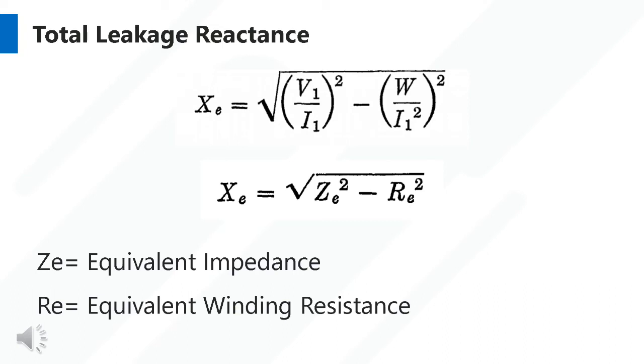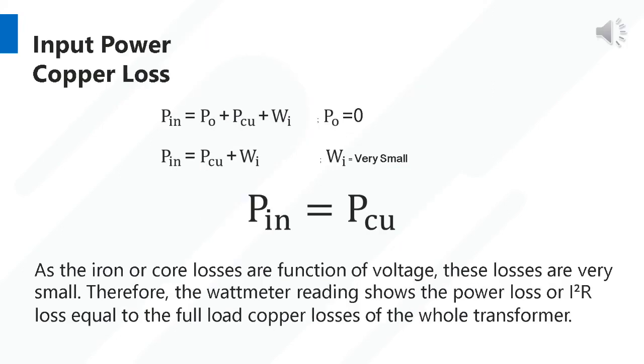Next slide is the input power and the copper loss. So, the total input power is equal to the sum of the copper loss plus the output power plus the iron losses. So, dahil short circuit tayo dito, ang power output natin ay 0. So, ika-cancel out natin yan. Ang matitira na lang sa input power ay copper loss and the iron loss.